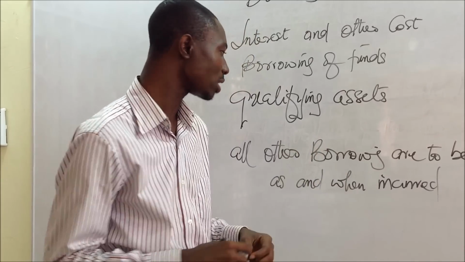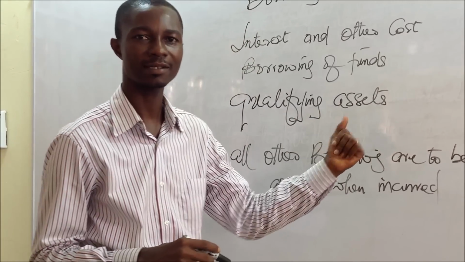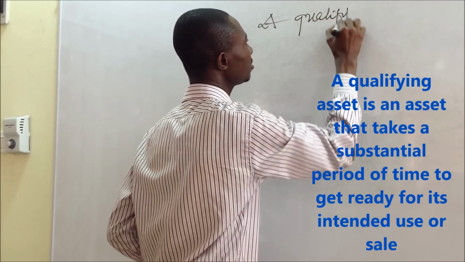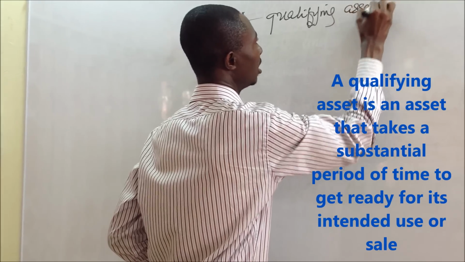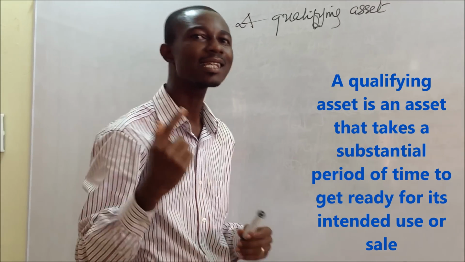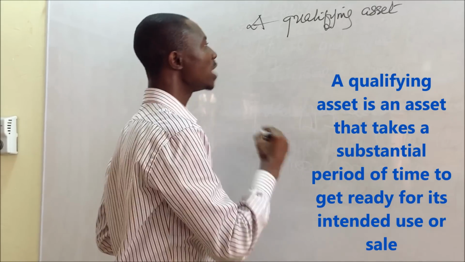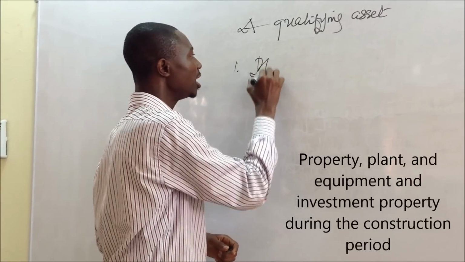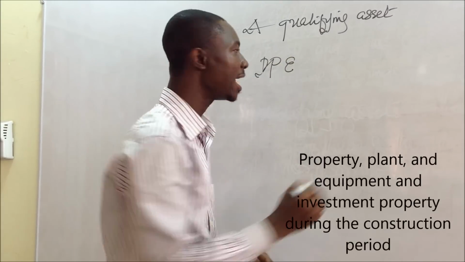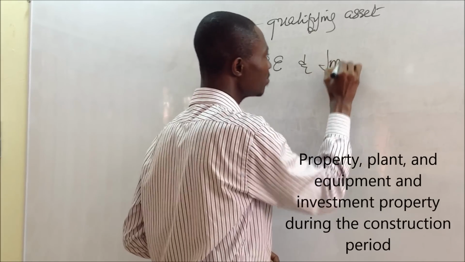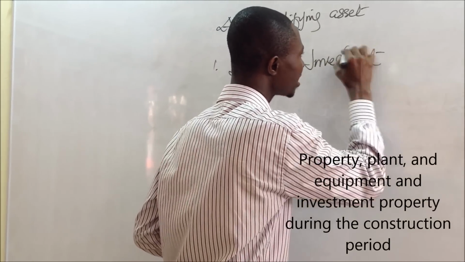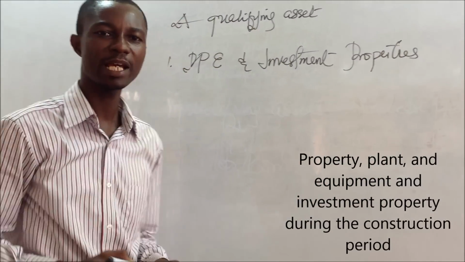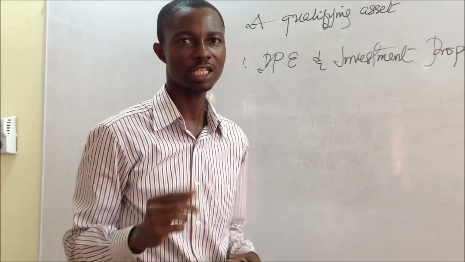Now the question is, what are qualifying assets? A qualifying asset is an asset that takes a substantial period of time to get ready for its intended use or sale. Now, that could include PP&E, property, plant, and equipment, and investment properties during the construction period.